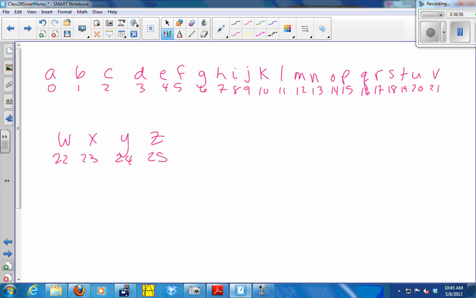Okay. So when we're dealing with mod 26 arithmetic, 26 would wrap around to A and be 0. 27 we'd wrap around, that would be B, which is 1.